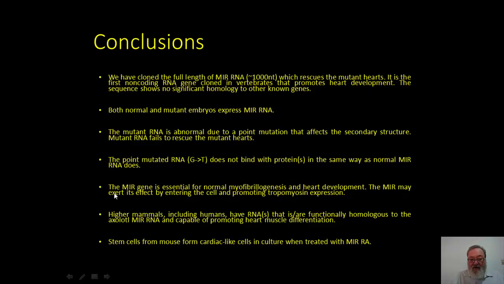The MIR gene is essential for normal myofibrillogenesis and heart development. Higher mammals, including humans, have RNAs that are functionally homologous to the axolotl MIR and capable of promoting heart muscle differentiation. In addition, stem cells from mouse form cardiac-like cells in culture when treated with the MIR.